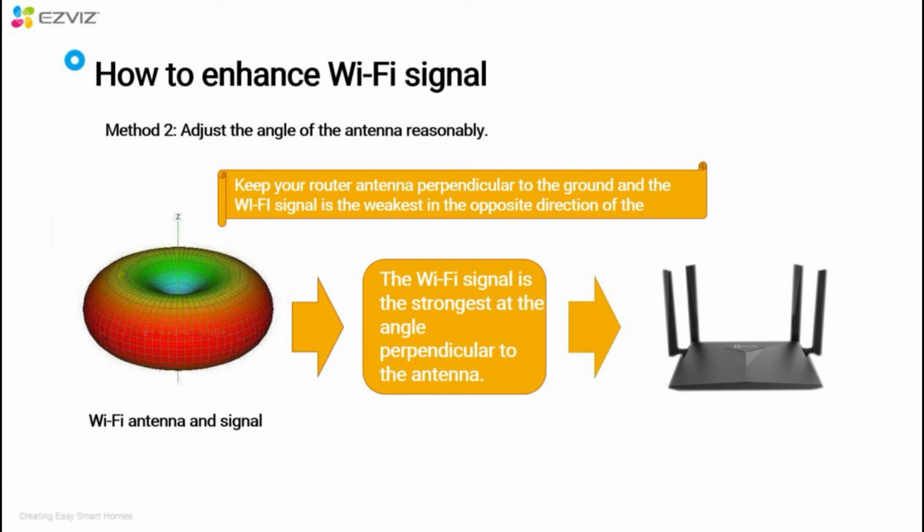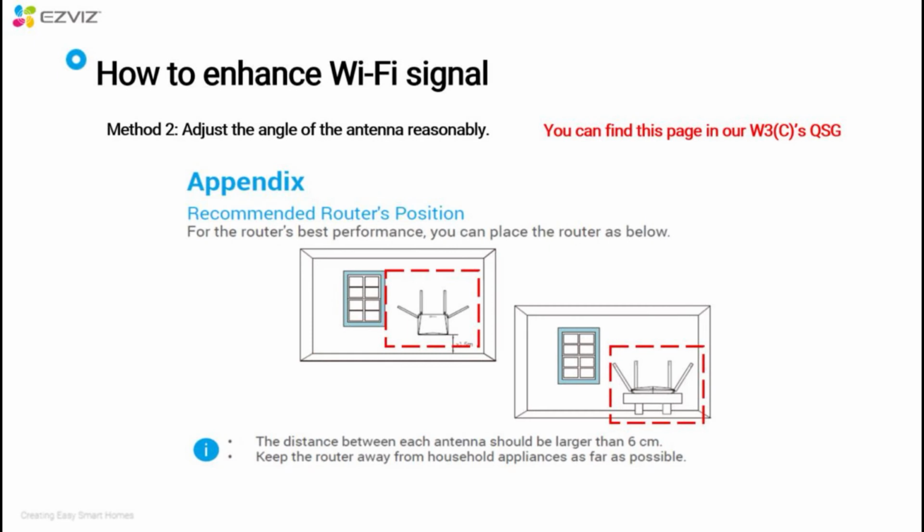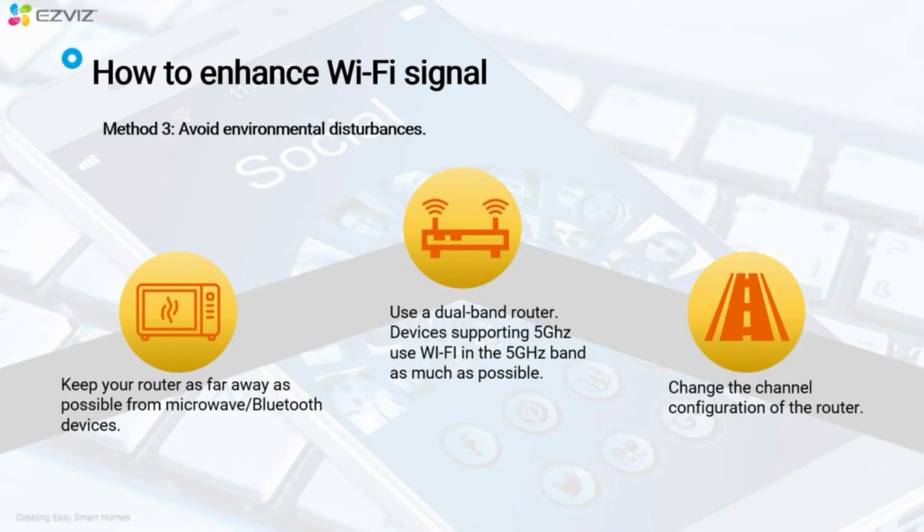So we recommend that you put the antennas vertically. Then you can get a stronger and more stable Wi-Fi signal. And in our user manual of the W3 or W3C router, you can see the recommendation about the router's position.